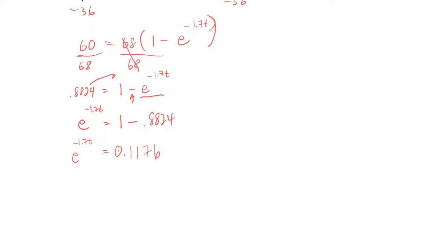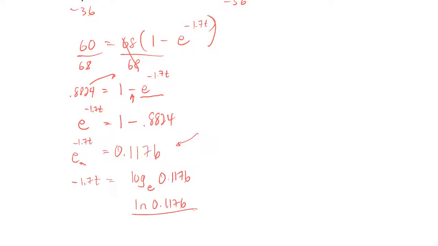And then I'm going to change this from exponential form to logarithmic form. So it'll be negative 1.7t is equal to log base e of 0.1176. That's the same as ln of 0.1176.